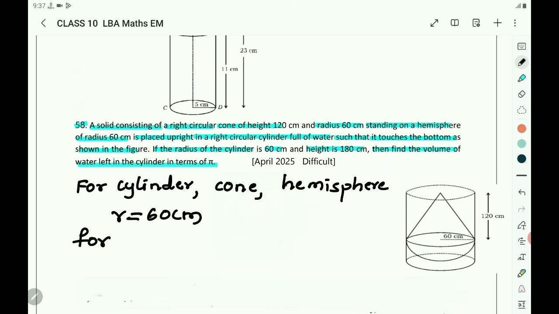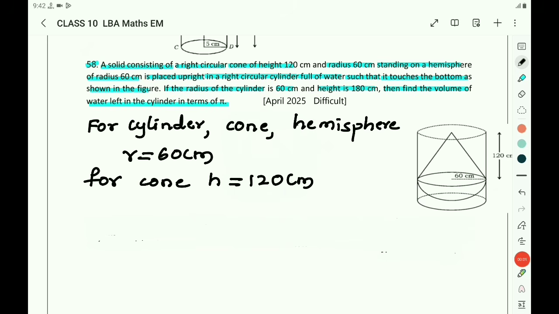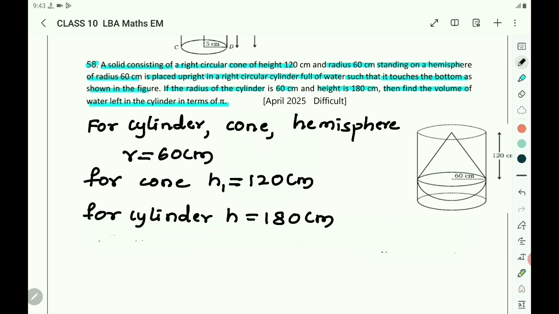And for cone h equals given 120 centimeter. For cylinder h equals from here to here, that is 180 centimeter. So consider this is h1, this is h2.